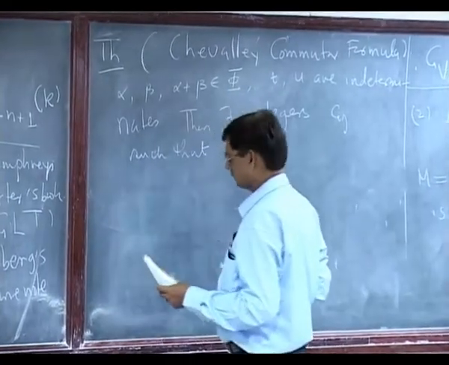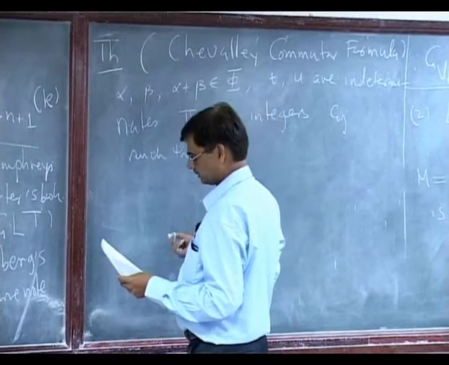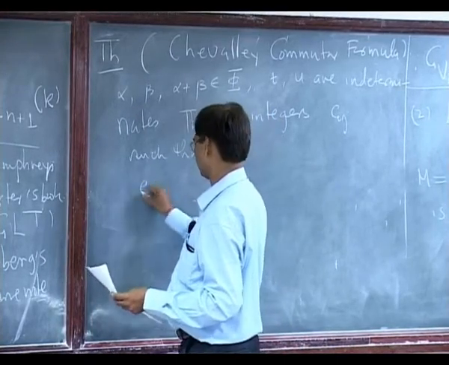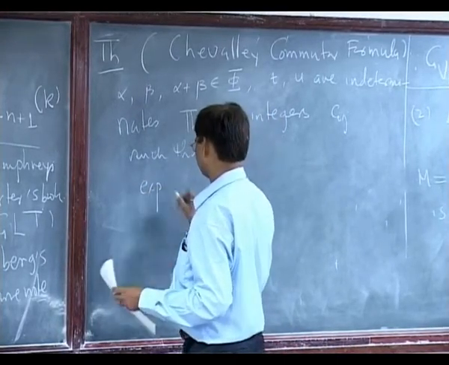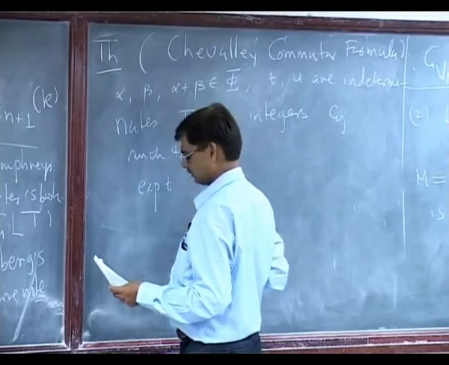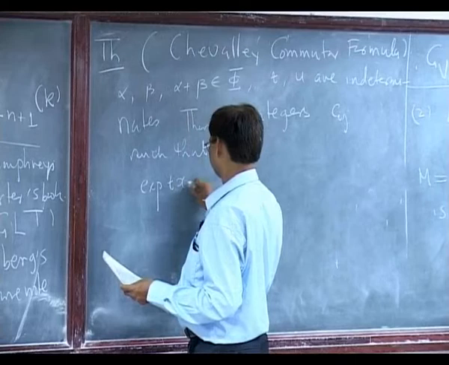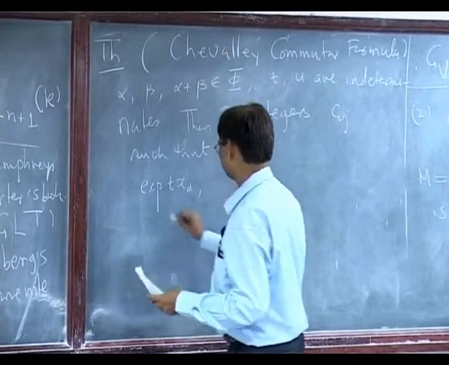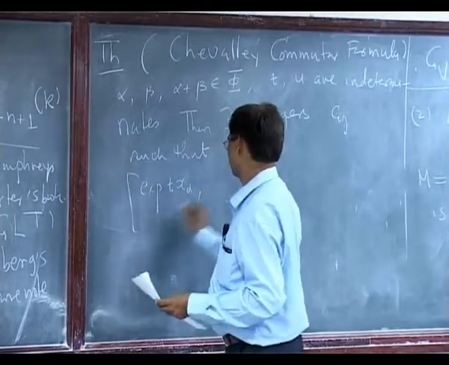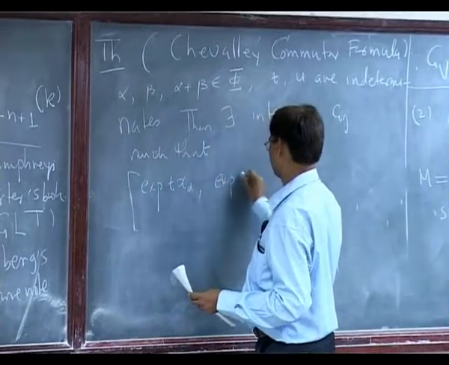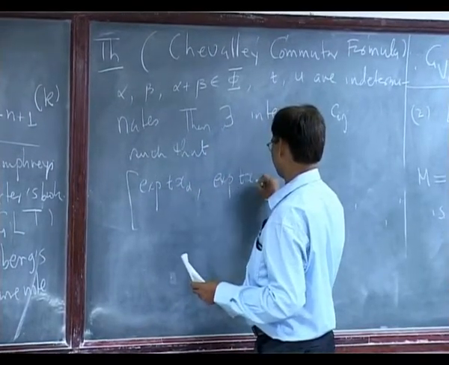you consider exponential T x alpha, that is x alpha, and exponential U x beta.